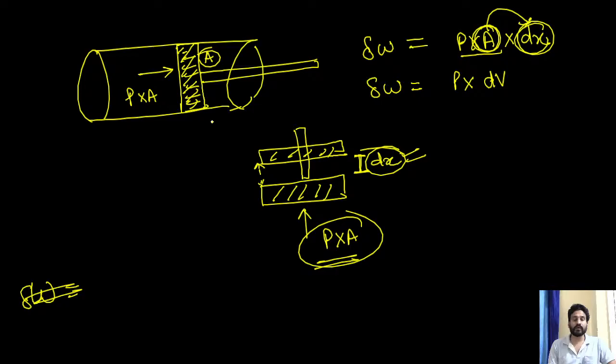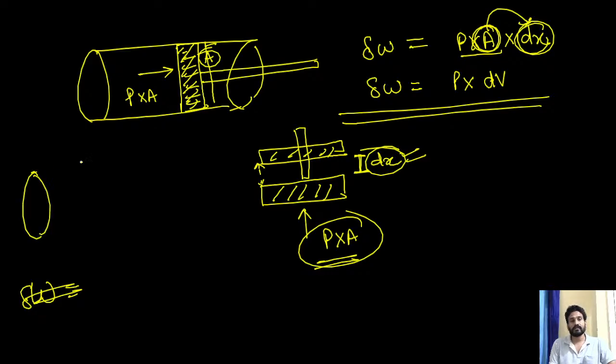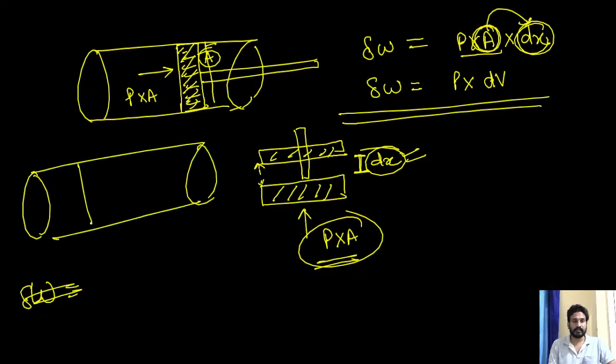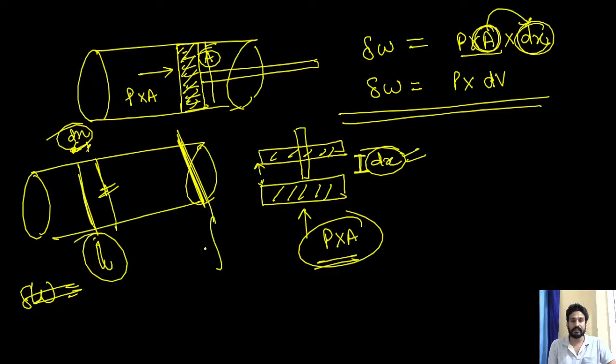If I want to calculate the whole work done, let's suppose this is my cylinder and this is a piston initially, and I calculate from here to here only, my displacement is dx. If my piston is here, then this is my initial and this is my final point.